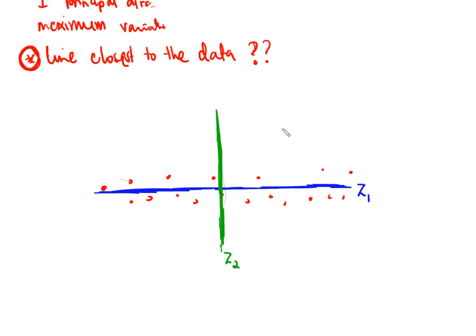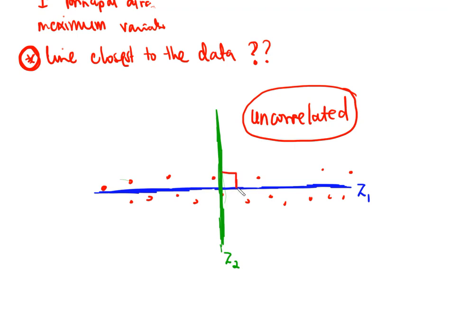And the consequence of wanting them to be uncorrelated is that they are at right angles to each other. They do not affect each other at all. The information in z1 is at 90 degrees to the information in z2. You get what I mean? That information does not affect each other.